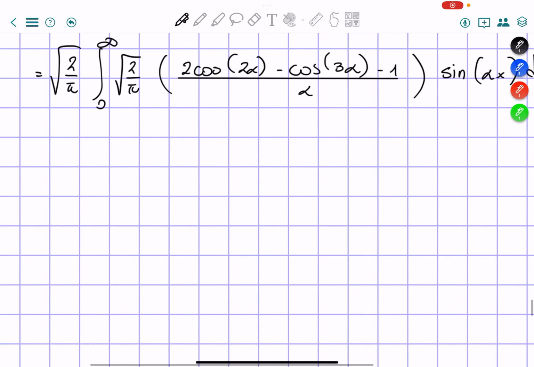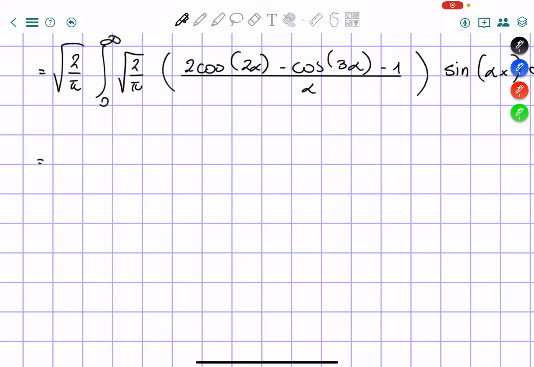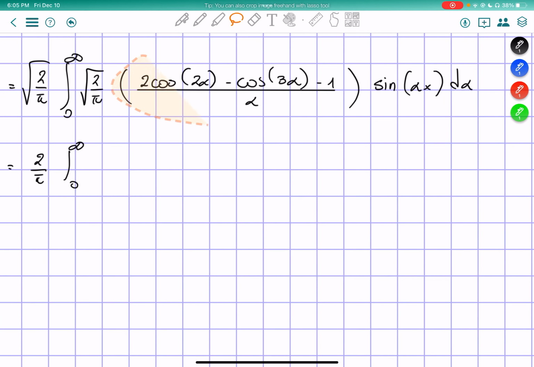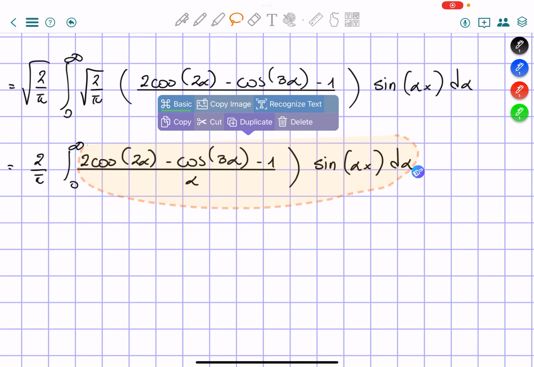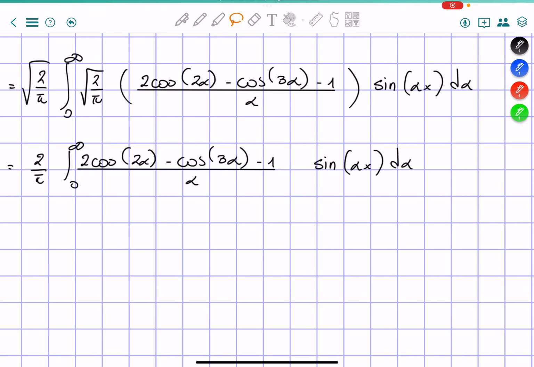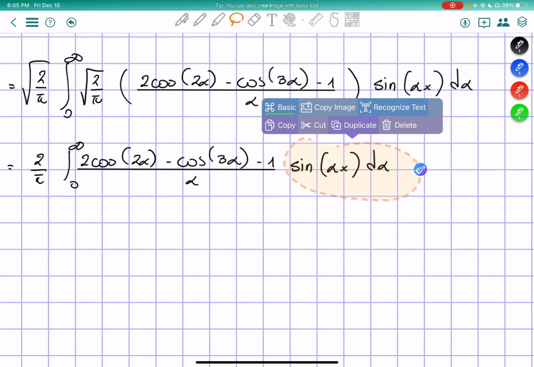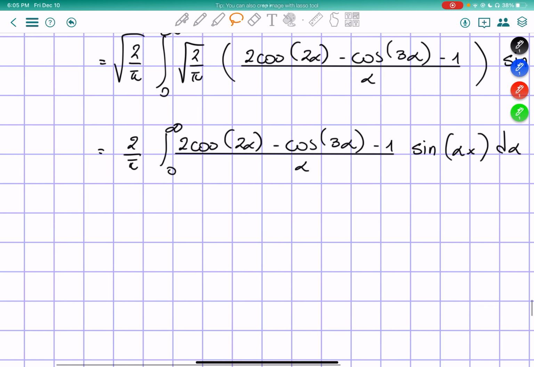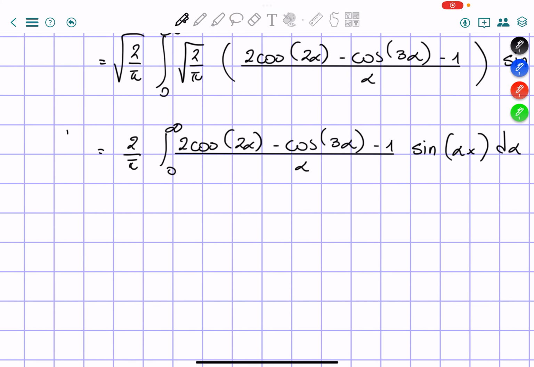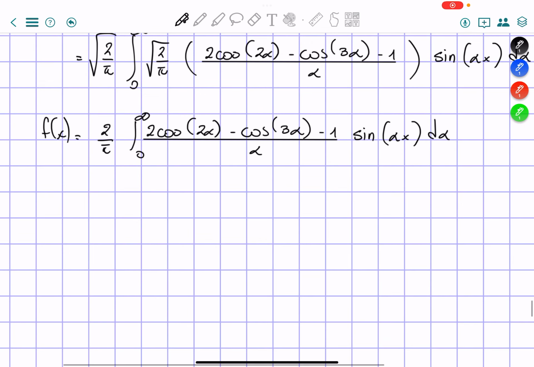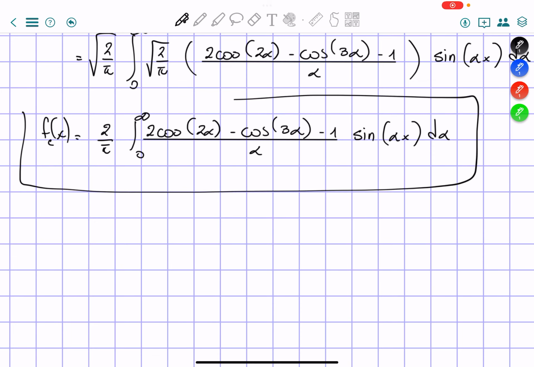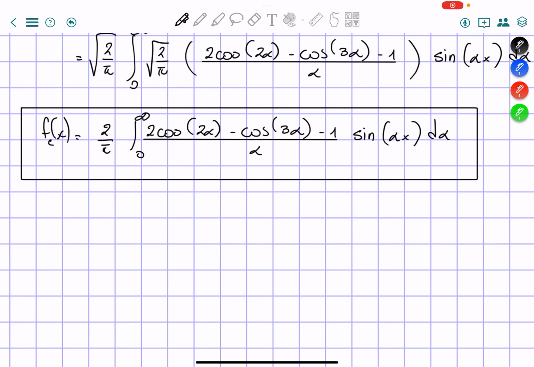Multiplying the constants, just the first two, is going to be equal to 2 over pi integral from 0 to infinity of what is left right here. I'm just going to avoid the first parentheses. Okay, and that will be the final answer to our problem. That's going to be equal to f of x, well, actually f_s of x.